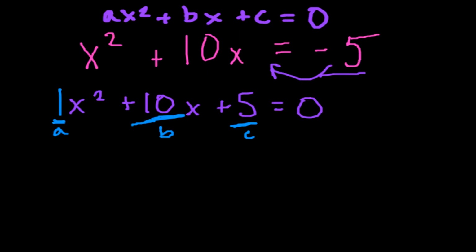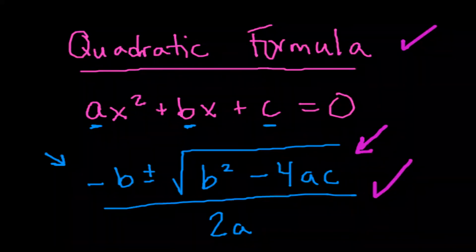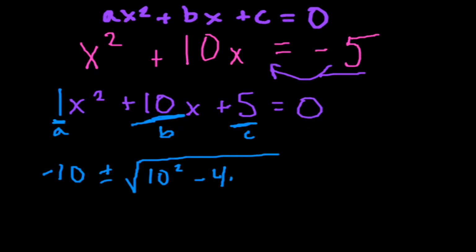And we are going to plug this into our equation, negative b plus or minus the square root of b squared minus 4ac all over 2a. So that would be negative 10 plus or minus the square root of 10 squared, minus 4 times 1 times 5, all over 2 times 1.